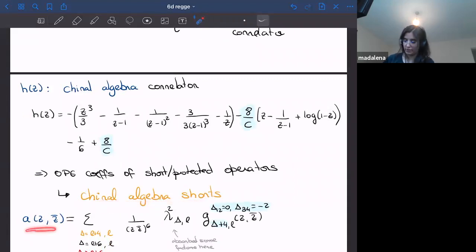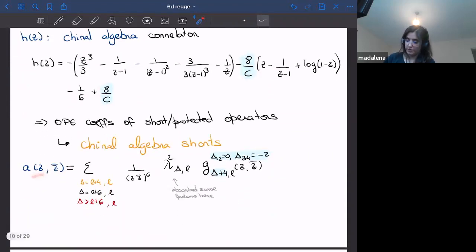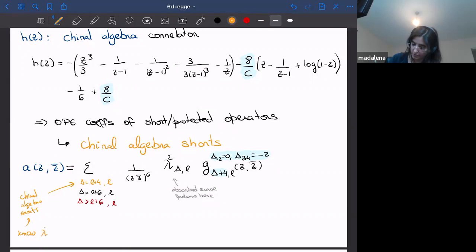And then we have the other function, which is the one we're interested in studying in bootstrapping, that now receives different contributions. It gets contributions from the chiral algebra shorts. And these contributions we know because we just read it off from above.